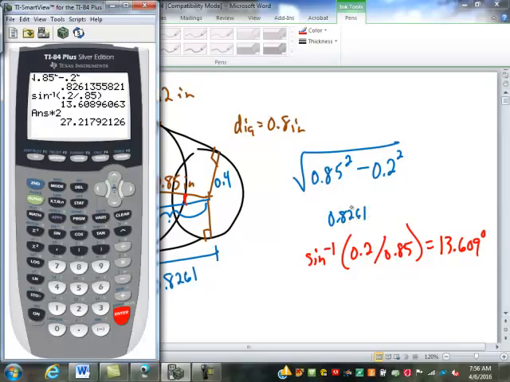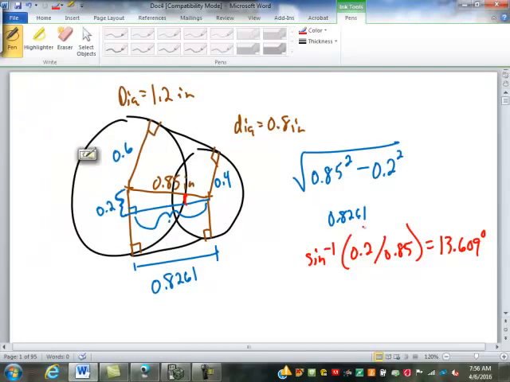It should be 0.85. Did you do an inverse tangent or an inverse sine? Inverse sine, I think. Okay, did you use 0.2 and 0.85? I must not have. Okay. Because that would change it a little bit if you used the 0.8261 instead of the 0.85.